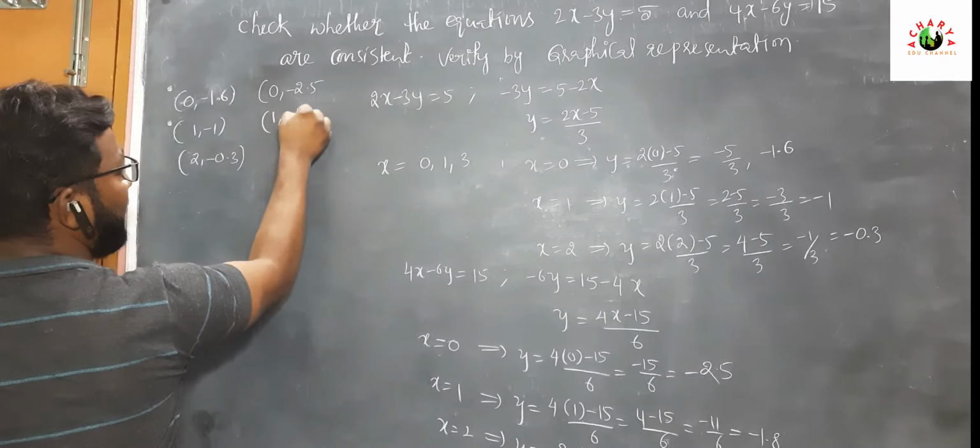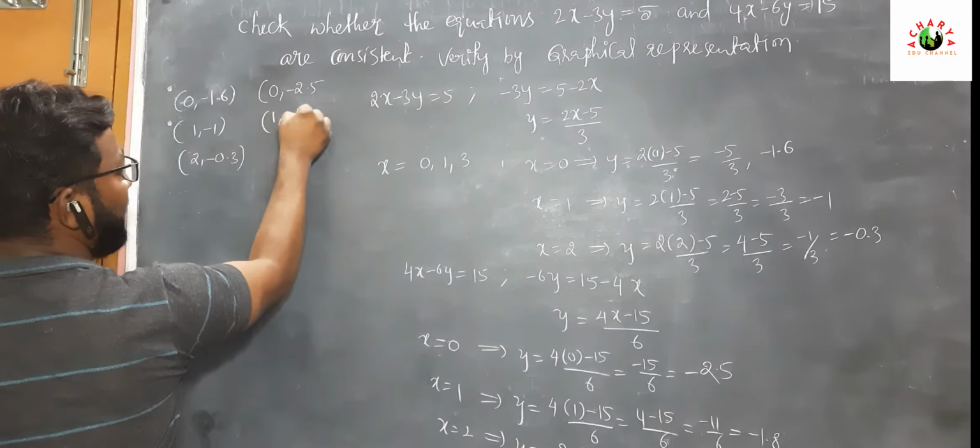This is the basic. Next write the scale: x-axis 1 centimeter equal to 1 unit, y-axis 1 centimeter equal to 1 unit.